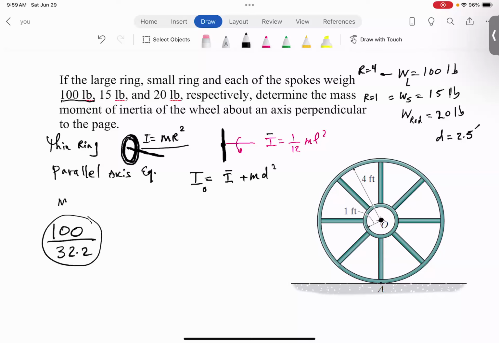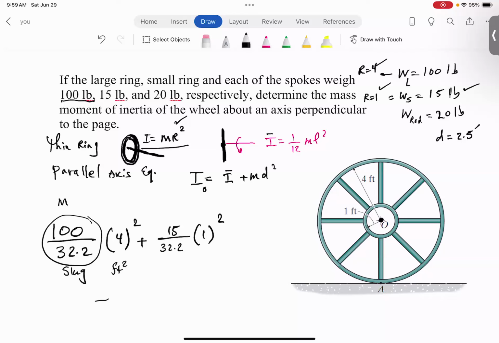That's the mass, times R squared. R is 4 feet. Remember the unit now: this becomes a slug, and that's feet squared. What about the small ring? The small ring is 15 pounds, the weight, divided by 32.2 to change it to a slug, but its radius is 1.